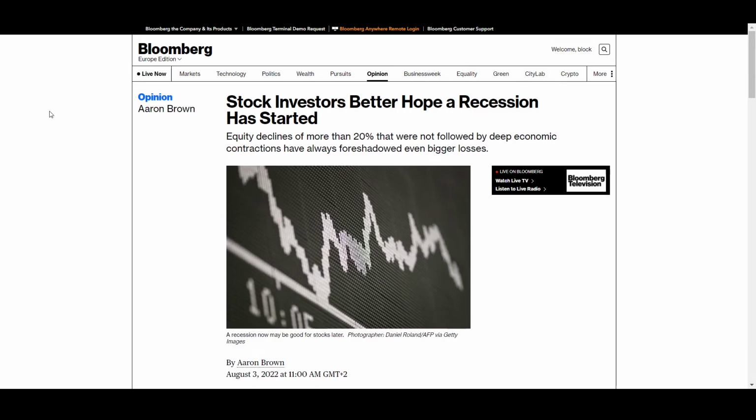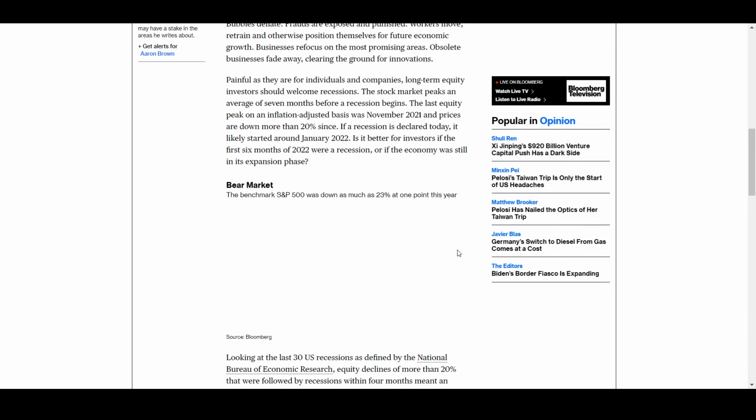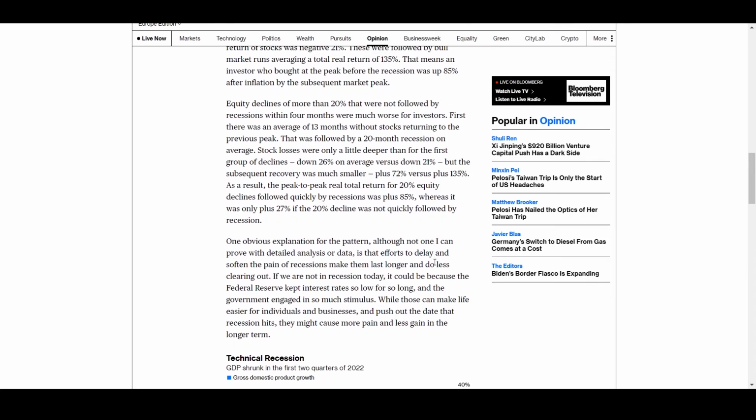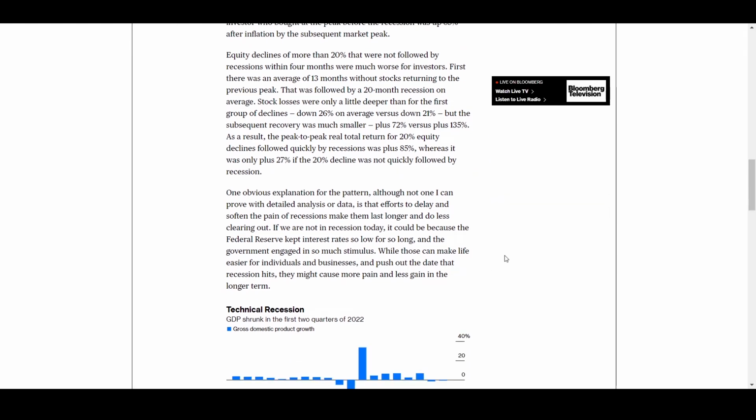Right here we have a very interesting point of view, where we can find that stock investors had better hope a recession has started. This publication said it can prove with detailed analysis of data that efforts to delay and soften the pain of recessions make them last longer and do less clearing out.